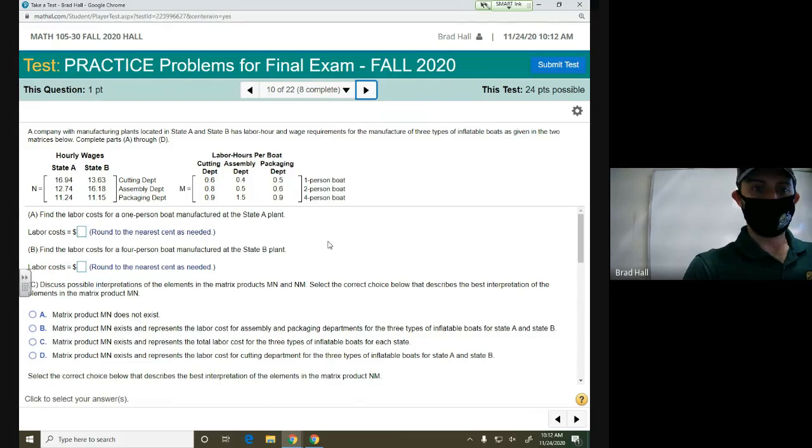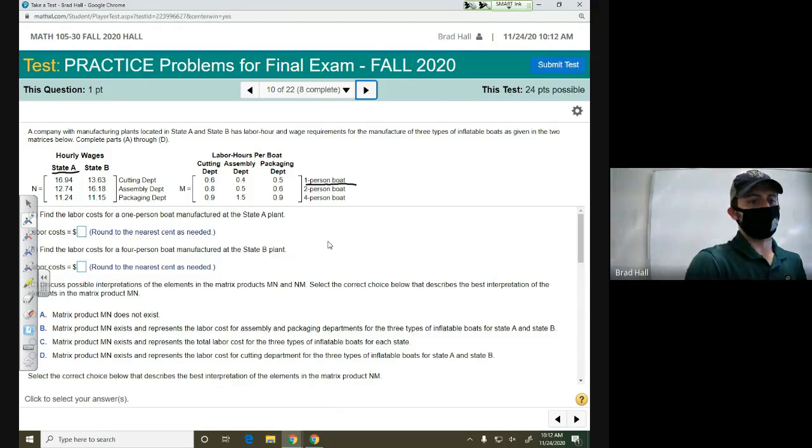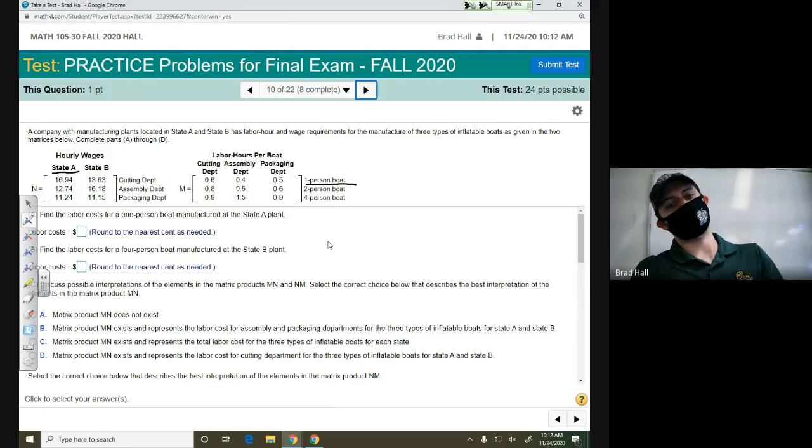Okay, so with this problem, we're going to find the labor cost for a one-person boat manufactured at State A plant. The interesting thing about this problem, I know I did this problem in my notes.